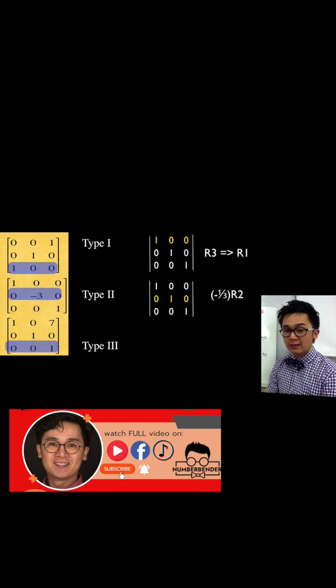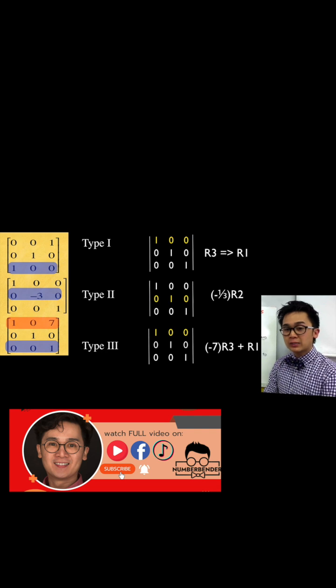What we need to do is multiply negative 7 to row 3 and add it to row 1 so that row 1 will change into 1, 0, 0. And that is our third type of operation. So multiplying negative 7 to row 3 and adding it to row 1 will give us the identity matrix.